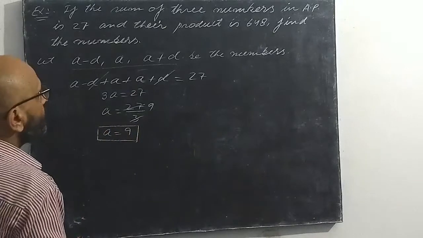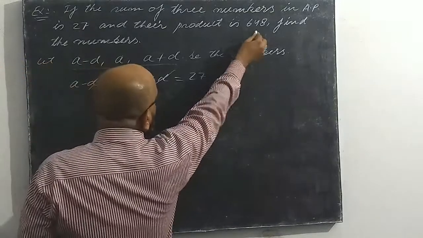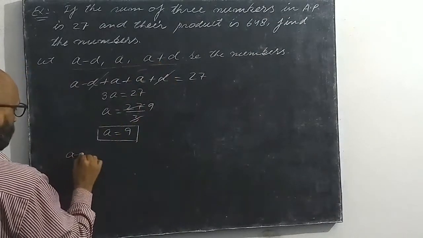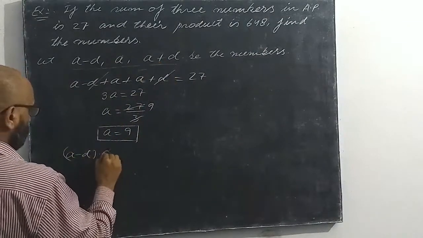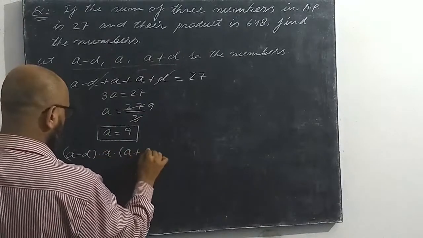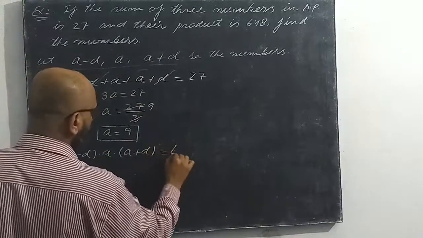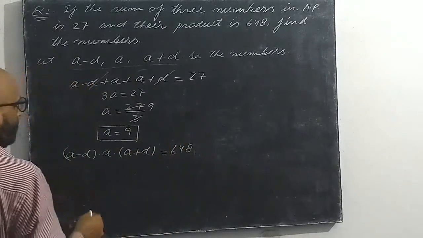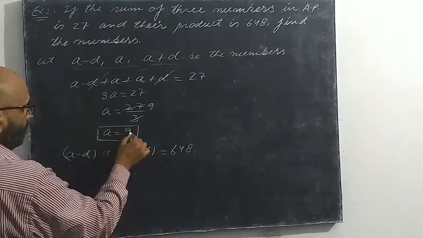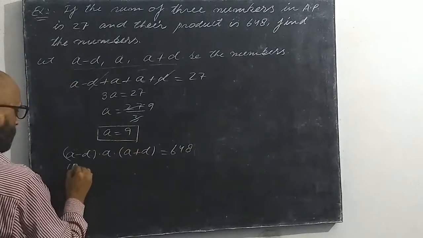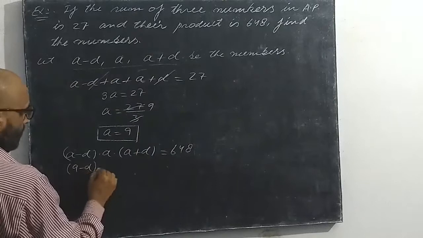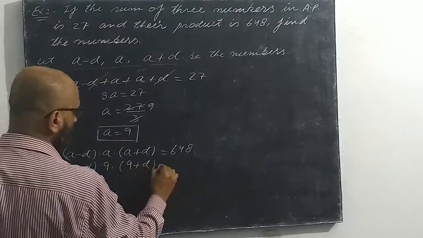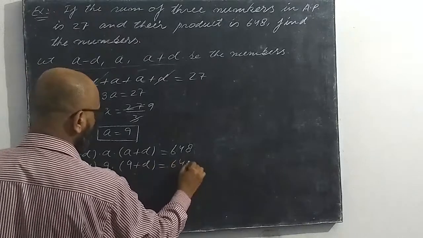Next condition is their product is 648. So the product of these three numbers, that is a minus d into a into a plus d, is equal to 648. Now substituting the value a is equal to 9 in this equation, we have 9 minus d into 9 into 9 plus d is equal to 648.